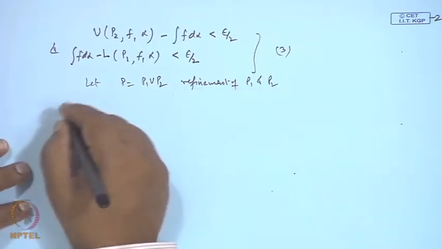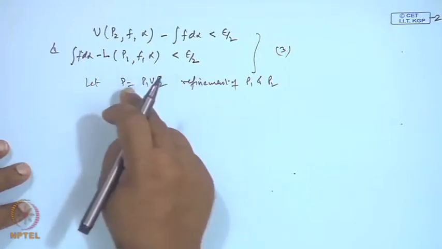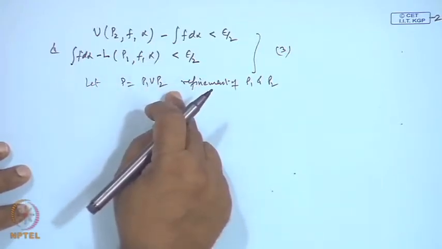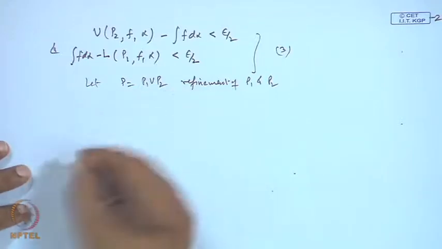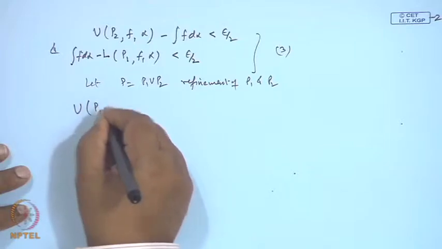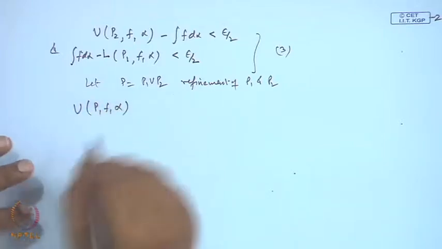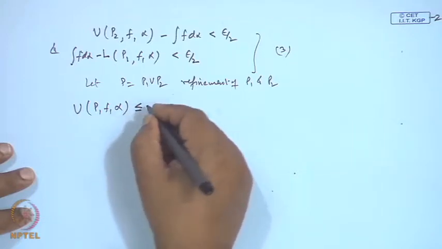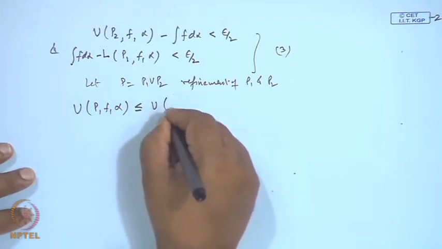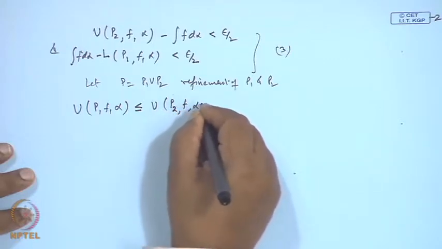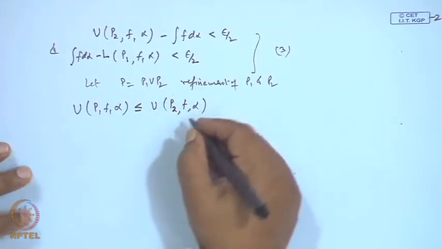Since P is the refinement of P 1 and P 2, the upper sum decreases and the lower sum increases, this we have already discussed. So, start with the upper sum of the function f with respect to alpha over the partition P, which is the refinement of P 1 and P 2. Since the upper sum decreases, this is less than or equal to the upper sum of the function f with respect to alpha over the partition P 2.